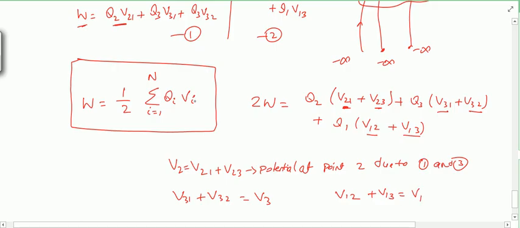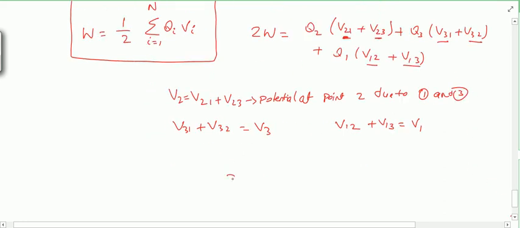So that's why this Vi is nothing but the potential at the ith location where Qi is placed, due to all other charges placed around. Okay, so this 2W will become Q2 V2 plus Q3 V3 plus Q1 V1.